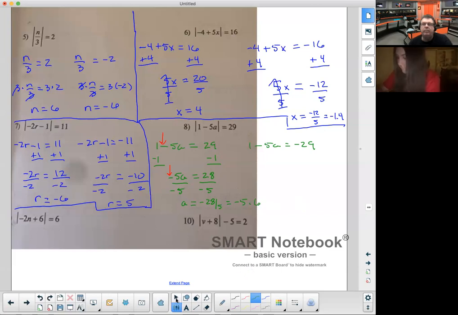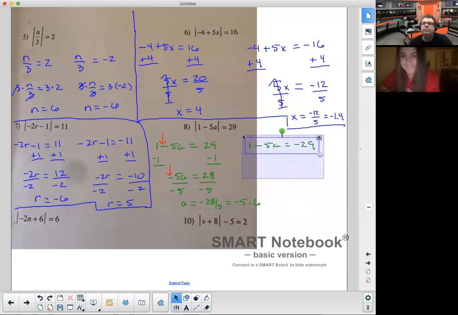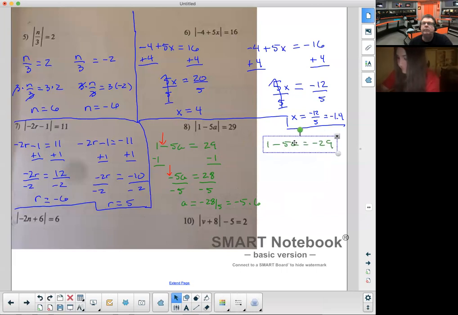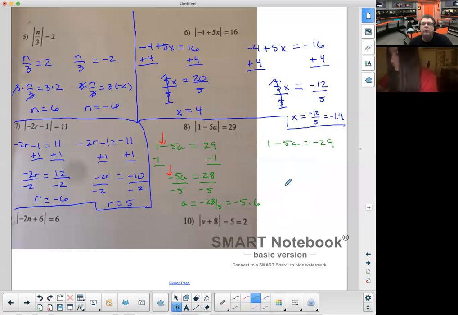Here we go again. So 1 minus, so we have to get rid of the 1. So we do that by subtracting 1, and then that's 0.